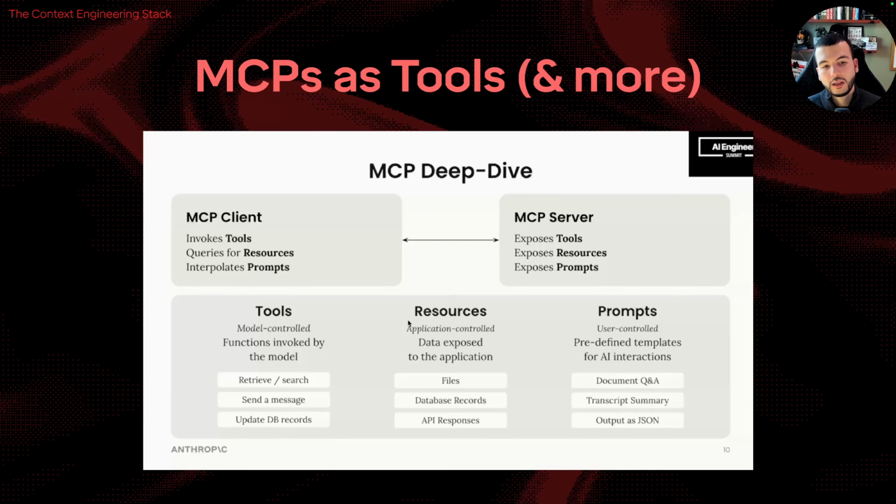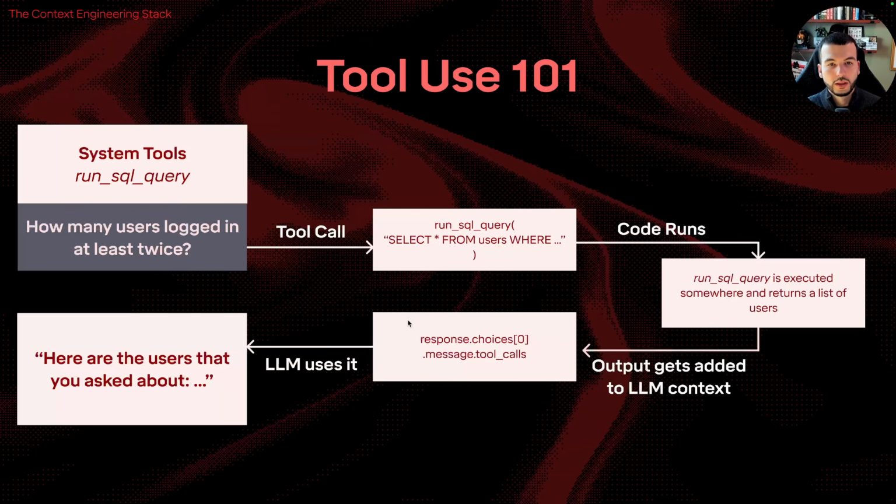But again, the more MCPs you put in the model, the more tools that get exposed. This is what we talked about before. So if I have a run SQL query tool and the user asks how many users logged in at least twice, the model is going to do a tool call called run SQL query and write the query that it thinks it should use. This code runs somewhere.